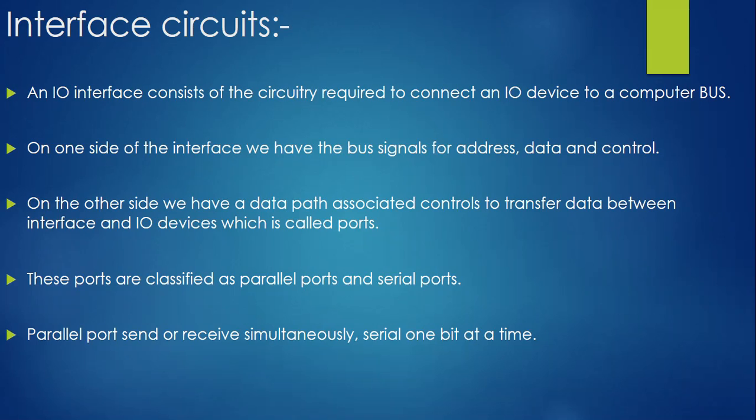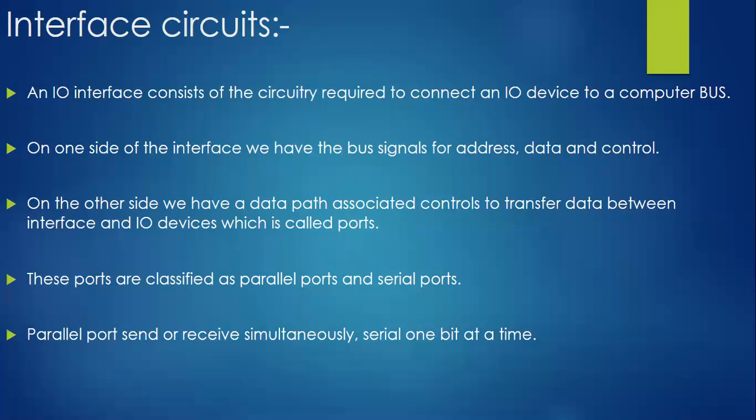On another end, we'll be having devices: mouse, keyboard, monitor. If you want to connect using a port, in the internal end of the port we may have a bus cable dealing with address, data, and control, but on the other end we have devices. So we need someone as a mediator who manages the IO devices on one end and the bus cable on the other end.